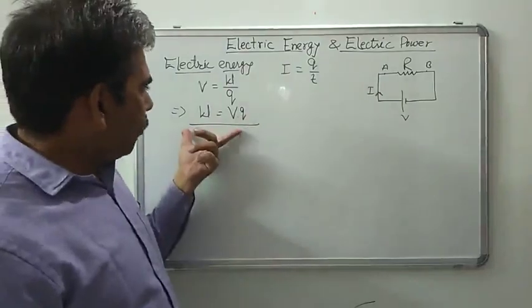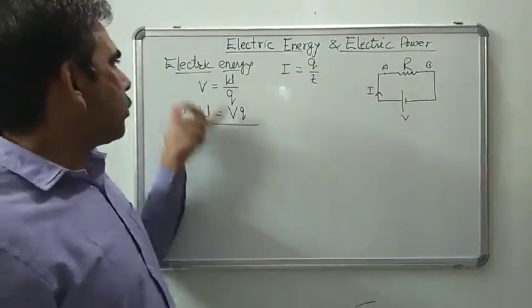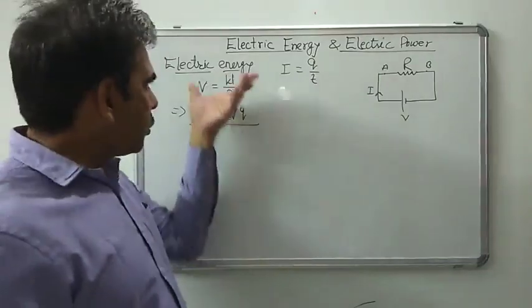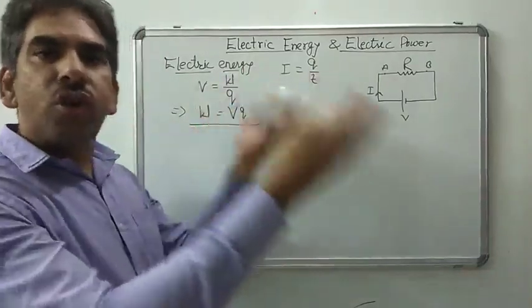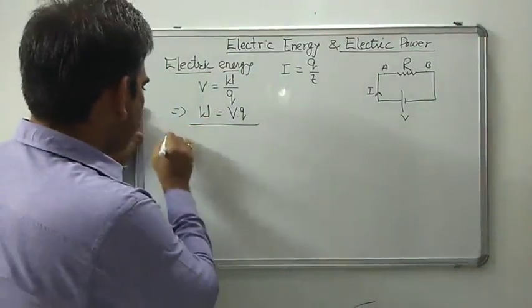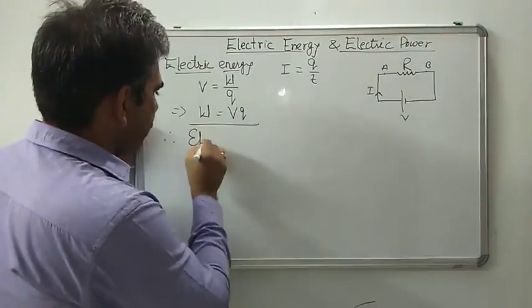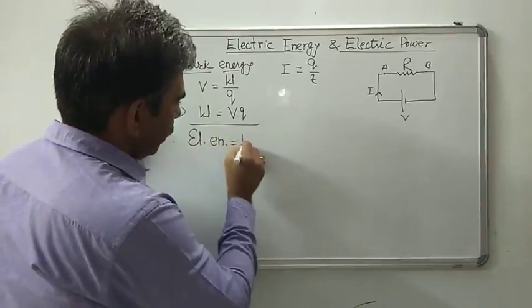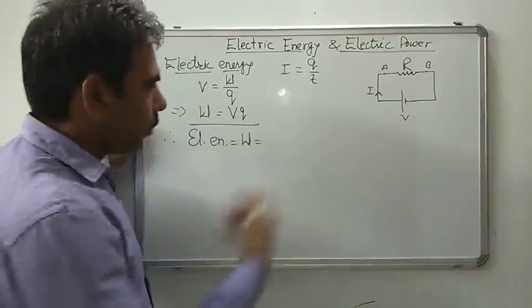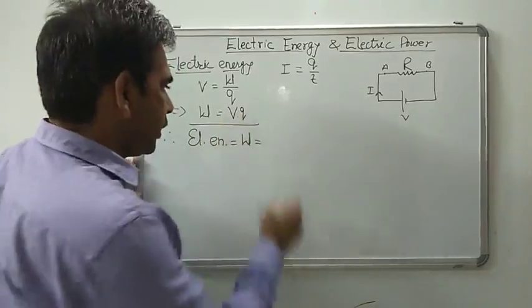Whatever work is done by the source is called the electric energy spent by the source, or we can also call this the electric energy consumed in the circuit. So therefore electric energy is equal to the amount of work done by the source in maintaining I amount of current in the circuit, or sending Q amount of charge in the circuit.